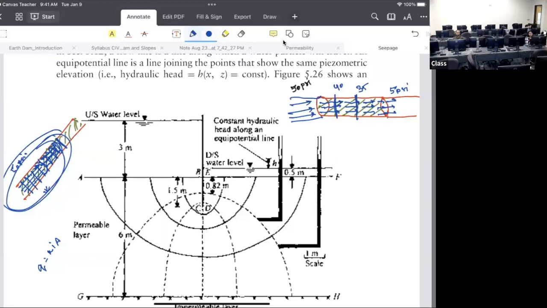If you can find out the length, can you calculate the i? Yes: pressure difference divided by horizontal distance, right?